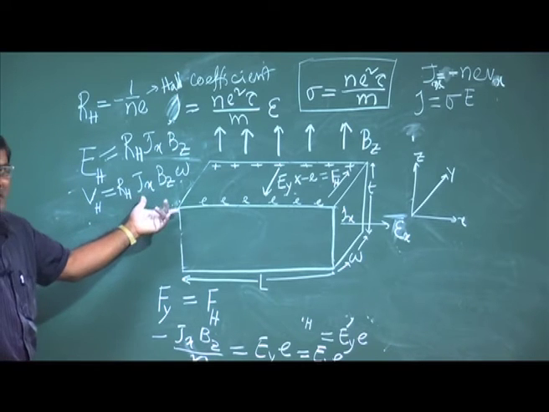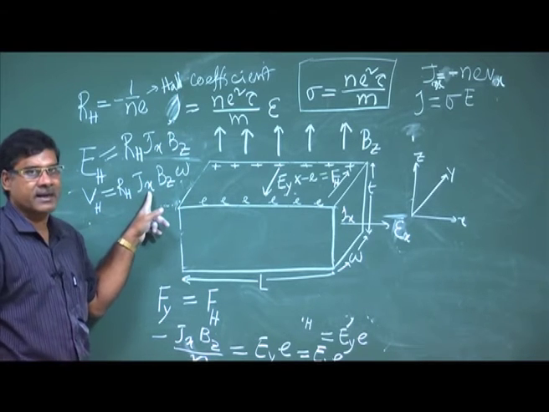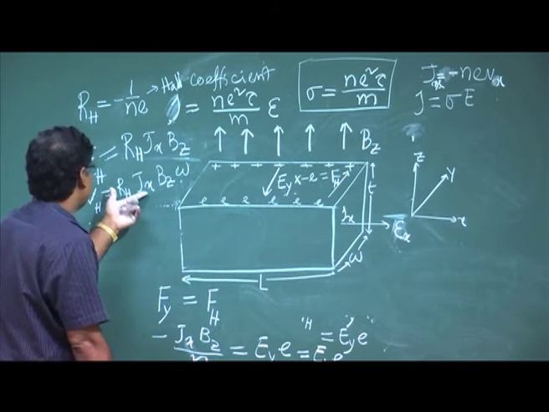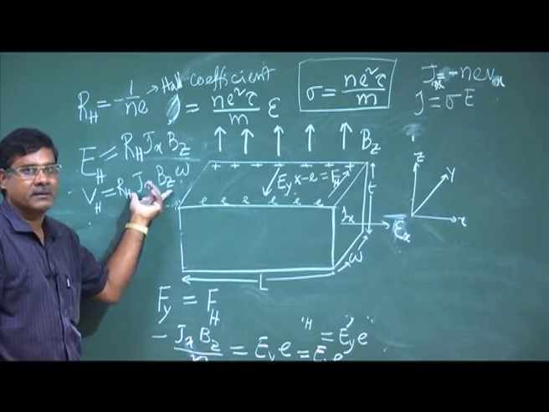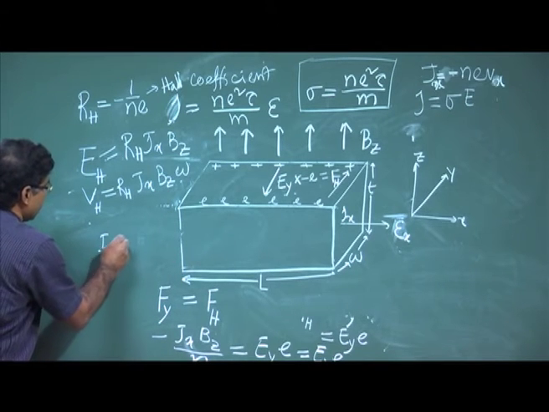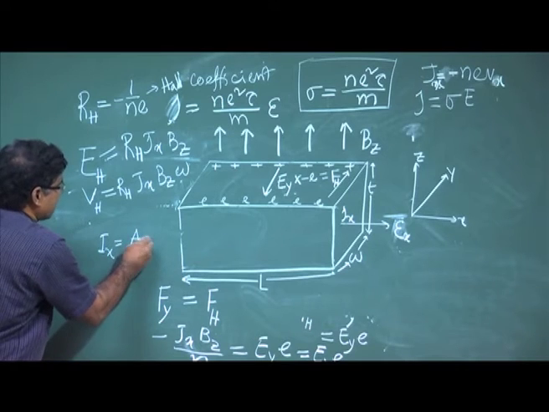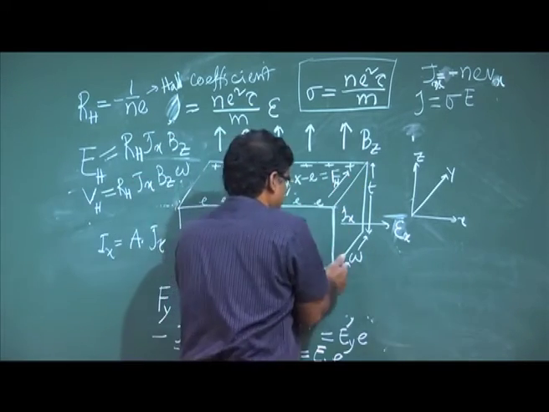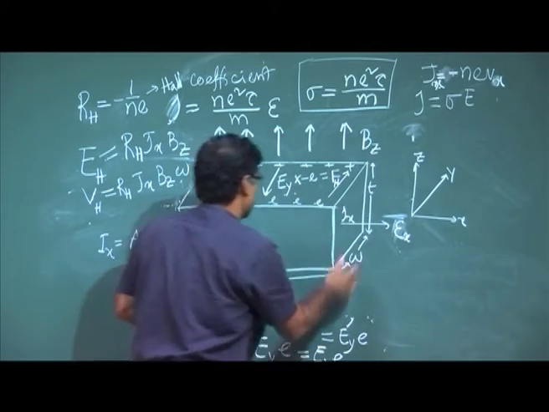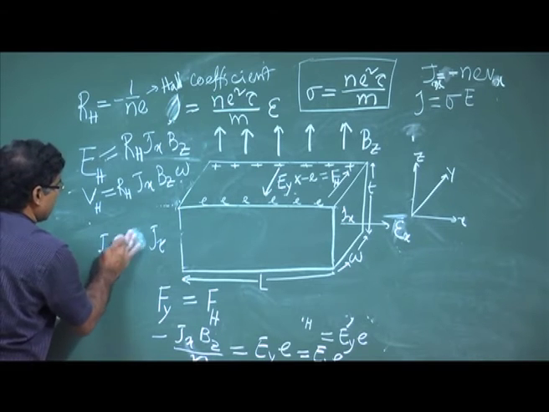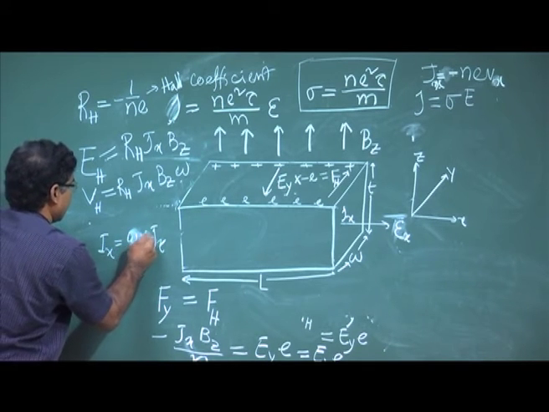Now, again we are not much familiar with J x, we are familiar with the current I x. So, I x equals the area, the cross-section area, times J x, right. What is the cross-section area? This is W into T, that is the cross-section.